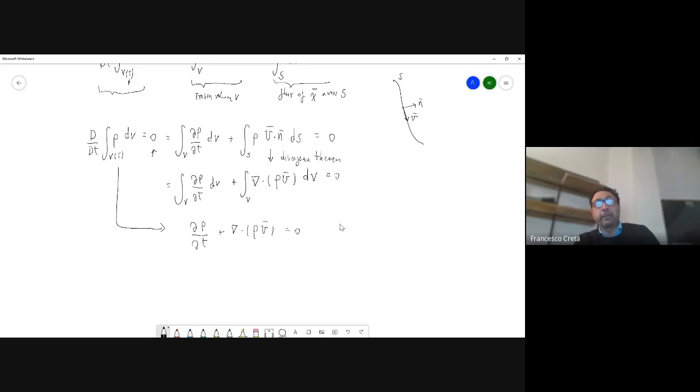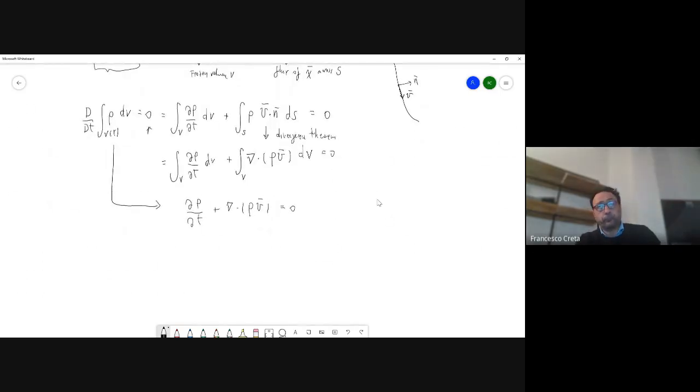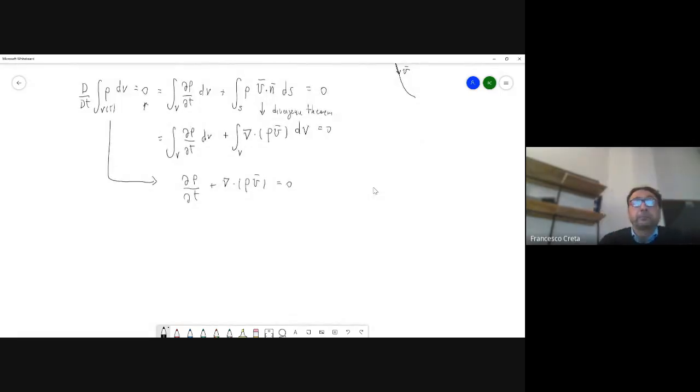This can be manipulated, for example, like this. This is still a derivative of a product. So what you can do here is write V dot gradient of rho equals, putting it on the other side, minus rho divergence of V.